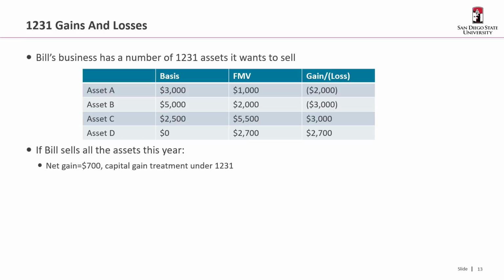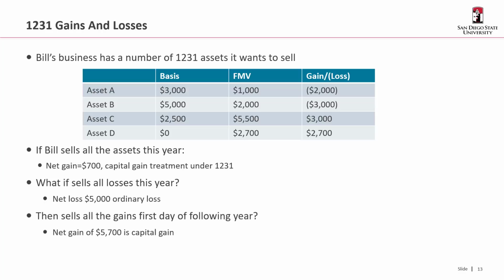So I'm going to pay taxes on that $700, whatever it is. But what if instead Bill says, you know what, I'm going to sell everything at a loss, only assets A and B this year, and I'm going to capture the benefit of a $5,000 ordinary loss. And then on the first day of next year, I'm going to sell assets C and D and generate a capital gain of $5,700.